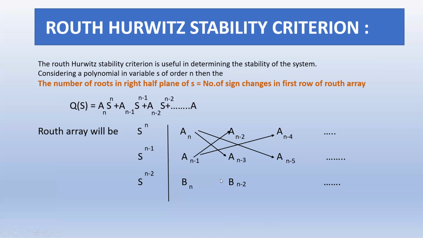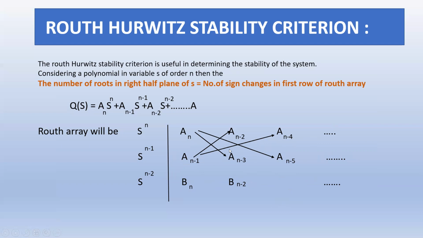That is what Bn minus 2 is. In the similar fashion, if we multiply this and this, subtract this and this, and then divide by this value over here, we will get Bn minus 4 as well.